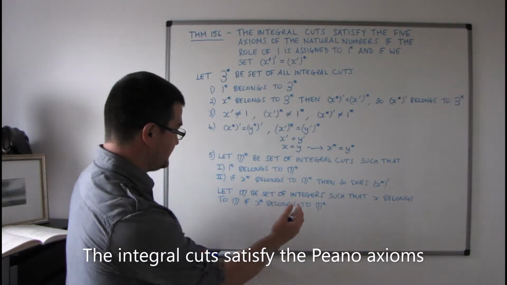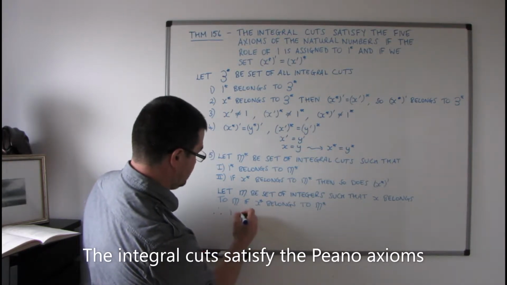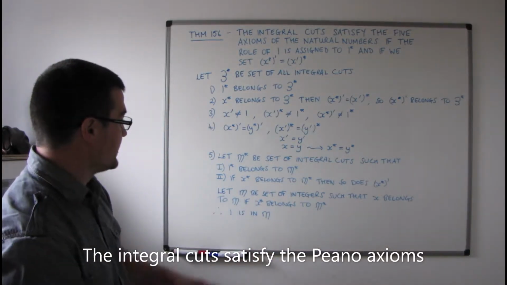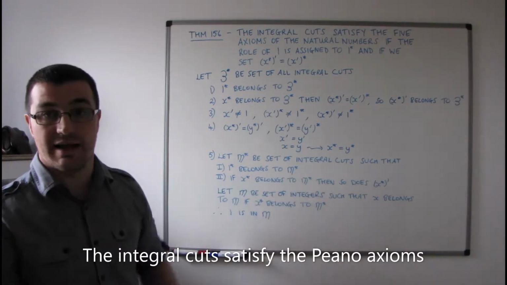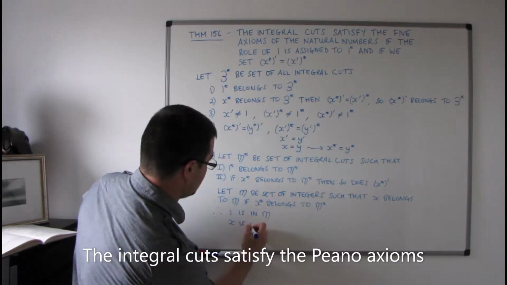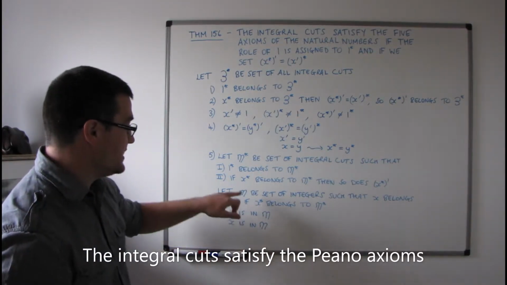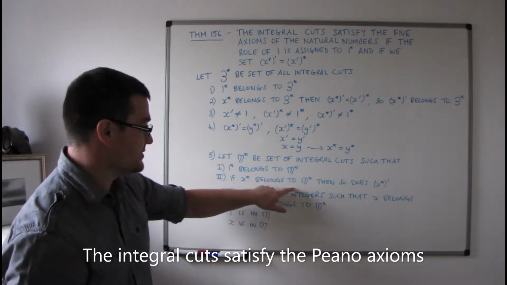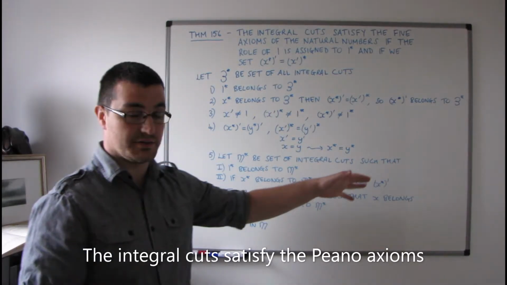So therefore 1 is in m, because 1 star by definition belongs to m star, and x is in m only if x star is in m star, which we know that x star belongs to m star, but if x star belongs to m star, then x star primed belongs to m star.